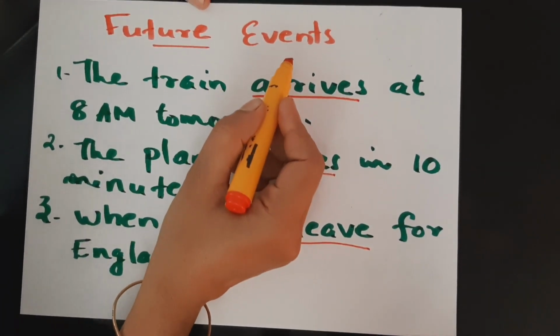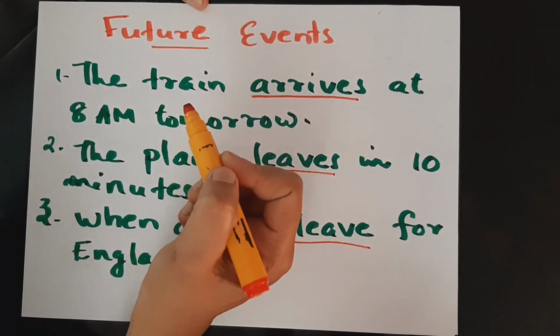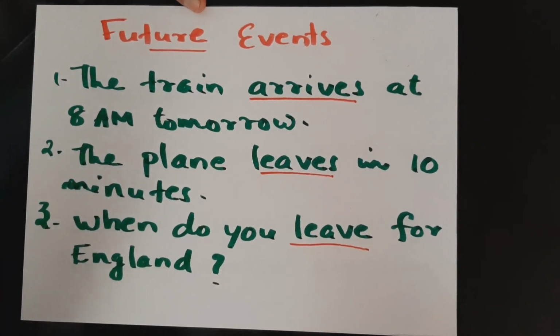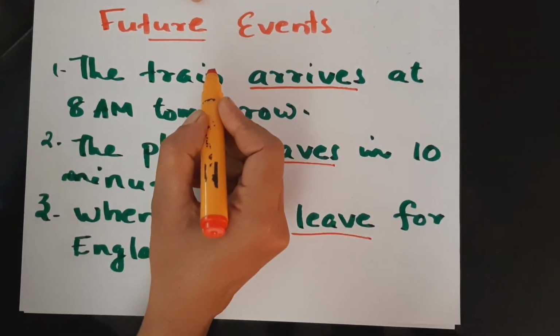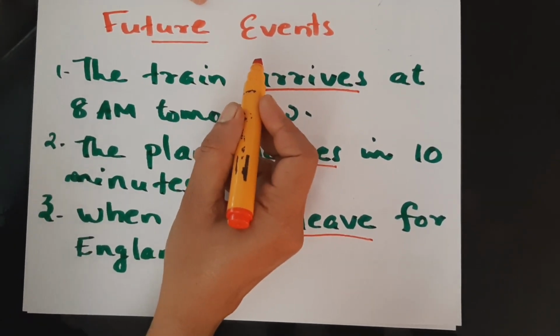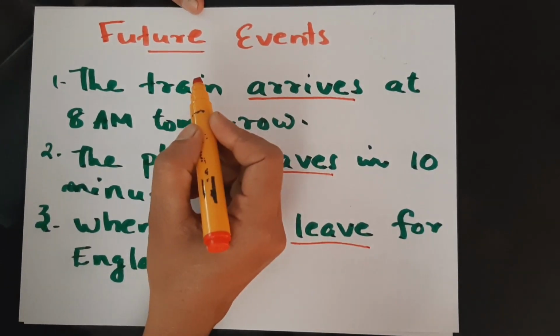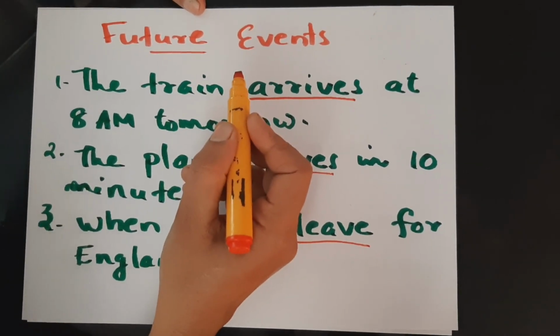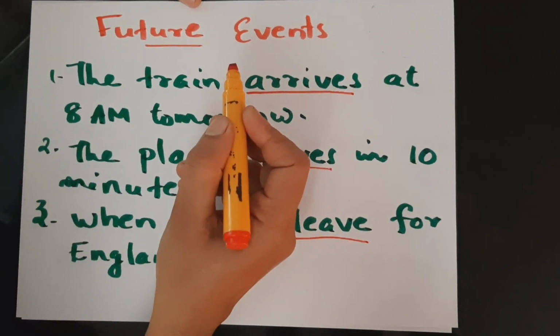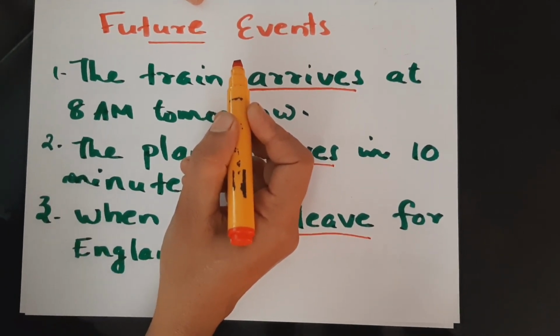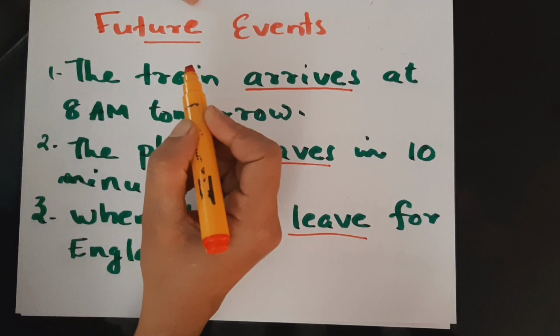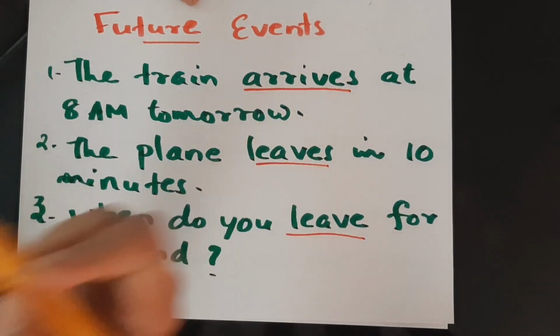Here are some other contexts in which the simple present tense is used just to denote a future event. You can use simple present tense to make statements about events that happen later than now, that is, in the future. It is usually based on some facts which are fixed according to a timetable or schedule.